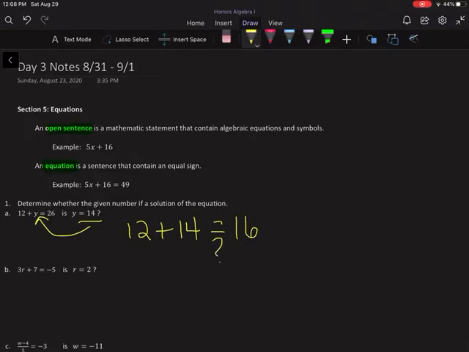And is this a true equation? 12 plus 14, is that 26? Yes. Solution.